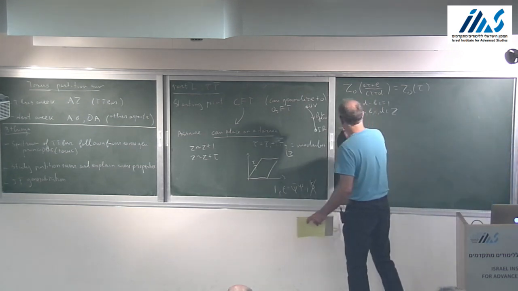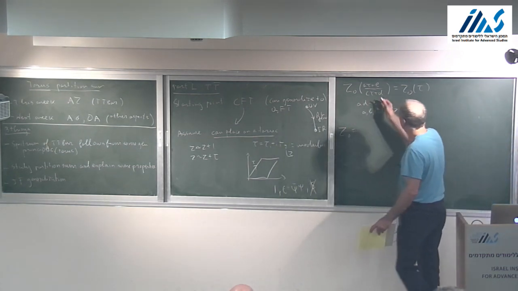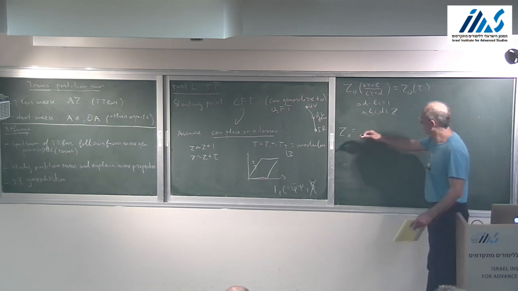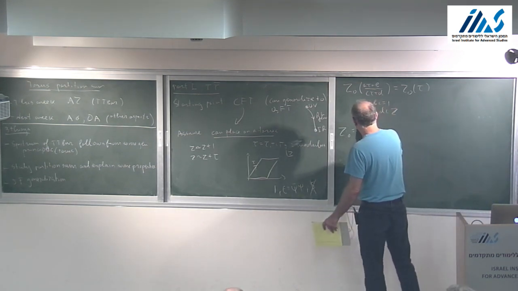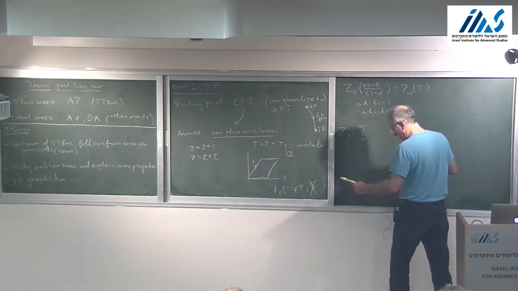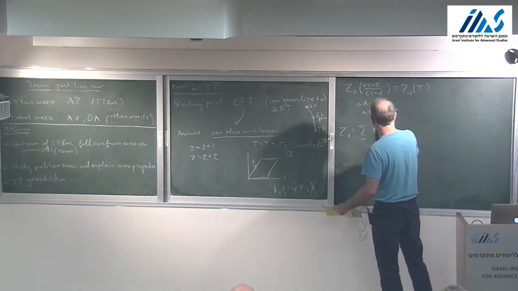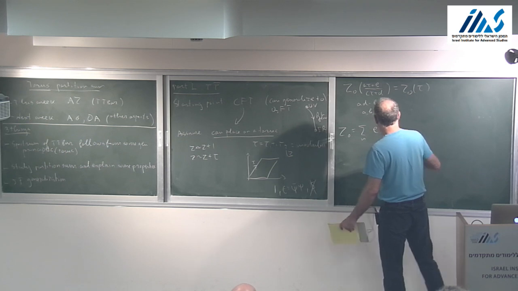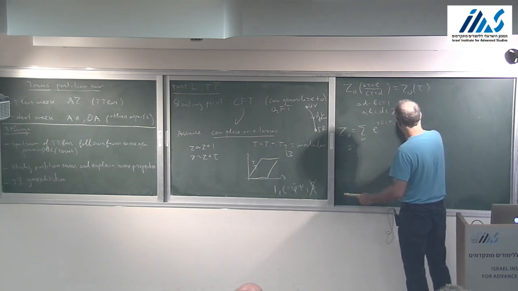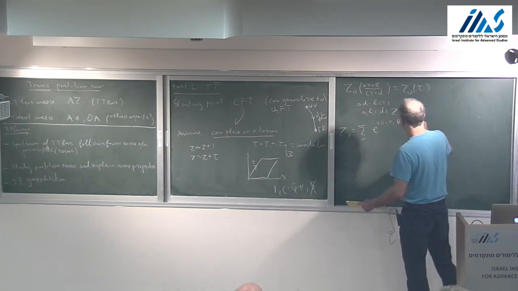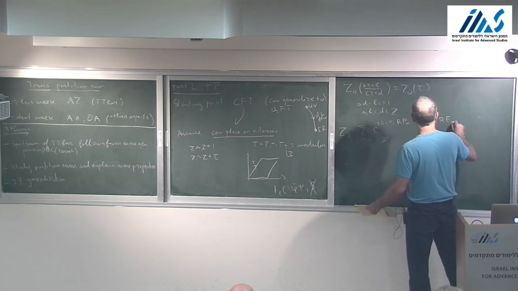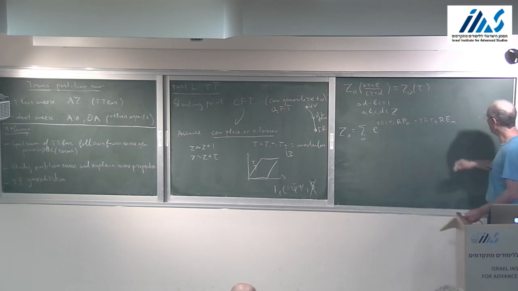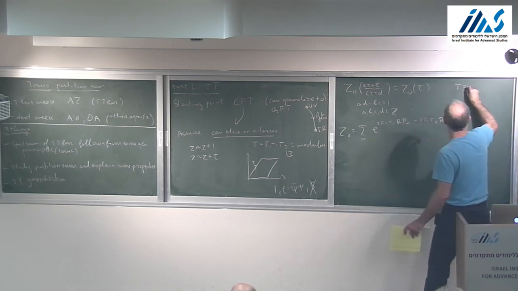It's going to be useful to remember what this Z0 is. This partition sum, in some Hamiltonian formulation, can be thought of as the sum over all the states of e to the 2 pi i tau 1 r times Pn minus 2 pi tau 2 r times En, where Pn and En are the momenta and energies of states. Of course, tau is tau 1 plus i tau 2.